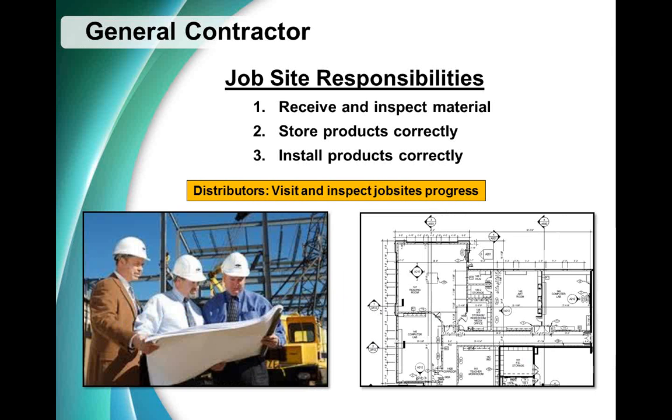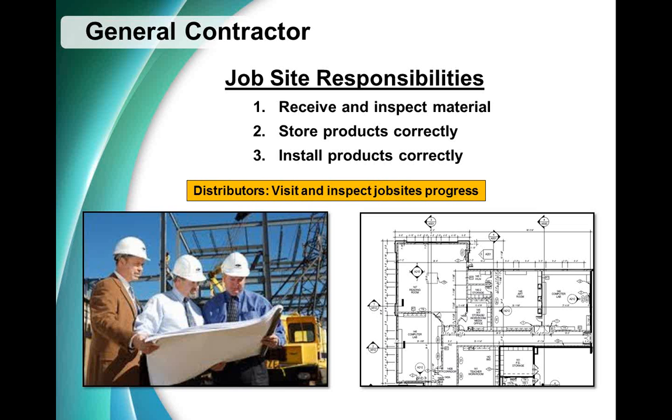Now, at the same time, distributors are really the people who are involved in visiting the job sites, inspecting the material to make sure everything's okay, and they're consulting with the GC or the building owner, architect.